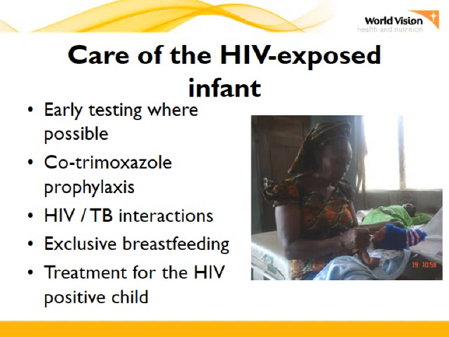The infant should have cotrimoxazole prophylaxis, and also be taking ARVs prophylactically from birth. There could be interactions or complications between HIV and TB in the mother. If the mother does have co-infection with tuberculosis, there needs to be some special care, special attention for the baby to make sure that they have prophylaxis as well.